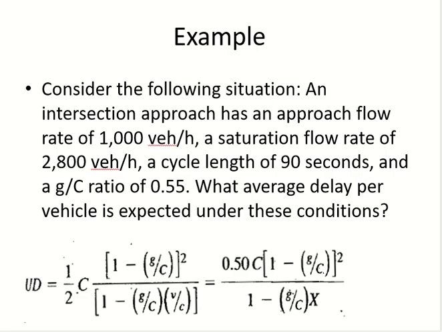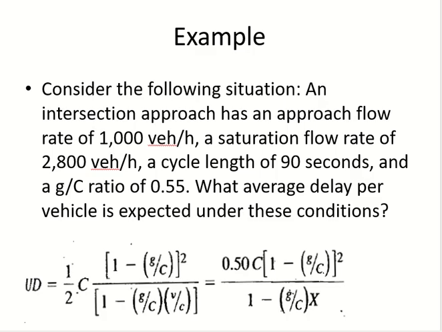Flow rate upon capacity. Which of them do I have? Flow rate is given, 1000. Is this capacity? If this is capacity, then it becomes easy.